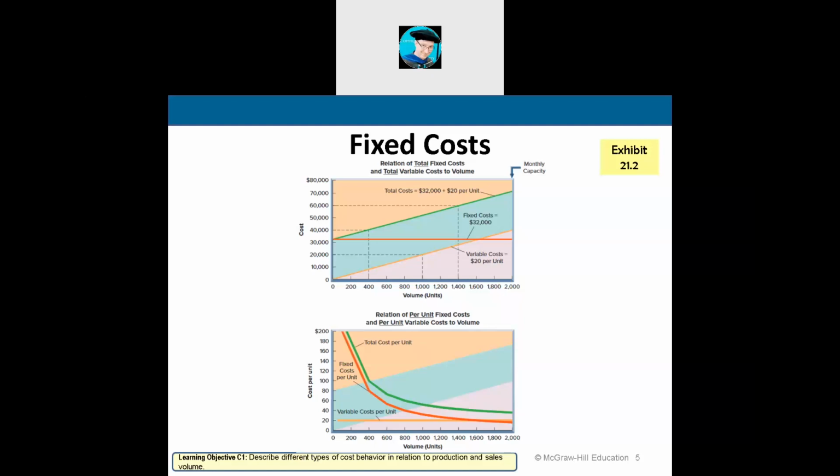We can see that cost comes down with the more units I sell. Make sense? I know that part's tricky. And I'll show you what that looks like in a little bit. And of course, our total cost per unit is variable cost plus fixed cost per unit. And we see that our total cost per unit decreases the more units I produce over time. And that's the relationship on a per unit basis between fixed and variable costs.